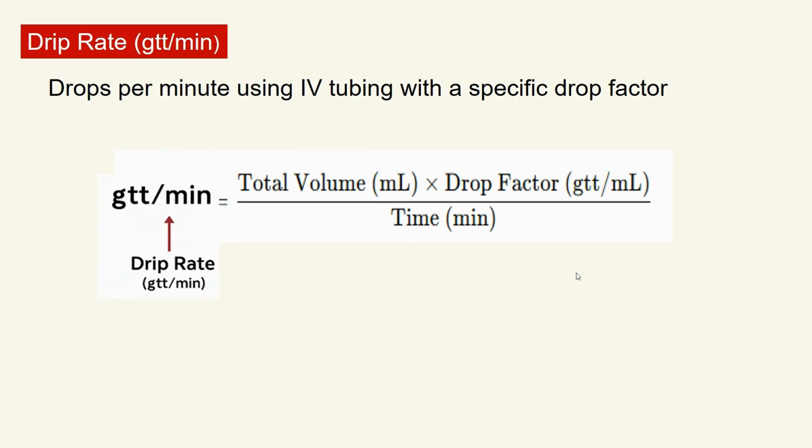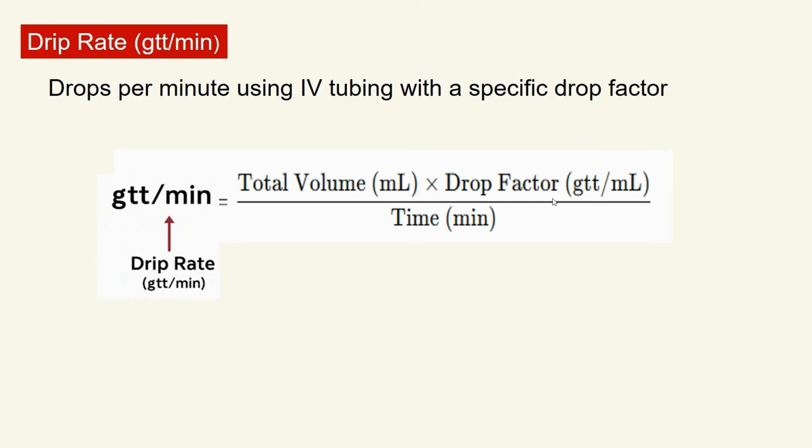Here is the formula for calculating drip rate. Drip rate is measured in drops per minute using IV tubing with a specific drop factor. The drop factor depends on the tubing, and we'll see more about drop factors in the next slide.